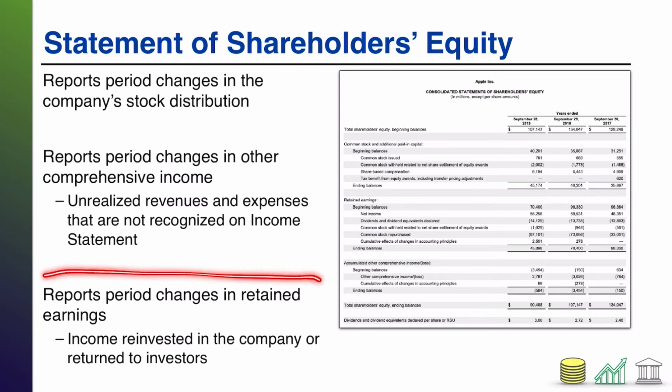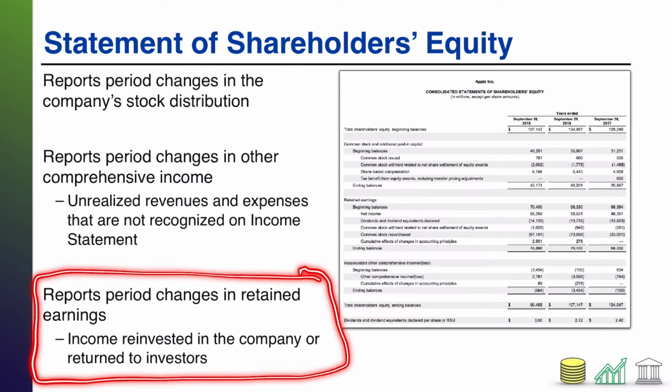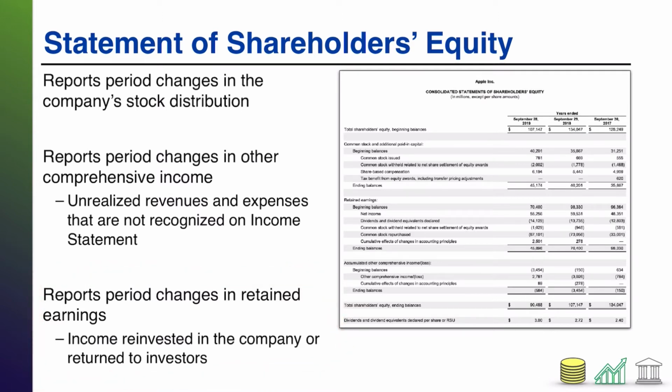And then another big piece of the shareholders' equity section of the balance sheet is it shows the retained earnings of the company. Now, first of all, what exactly is a retained earning? Let's go ahead and establish that real quick, because you might not be familiar with that term, but it matters here. A retained earning is income that the company has earned, right? So think about it, retained earning. So they've earned it, and they have retained it within the company to fund future operations.